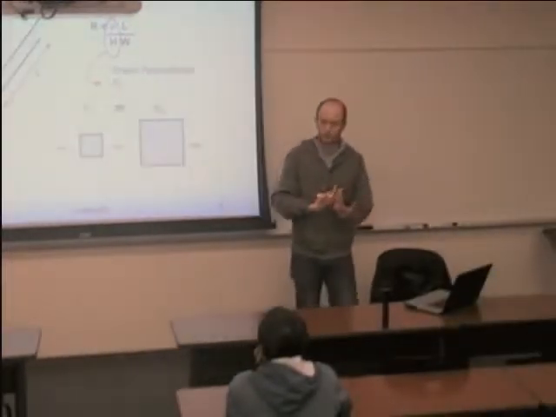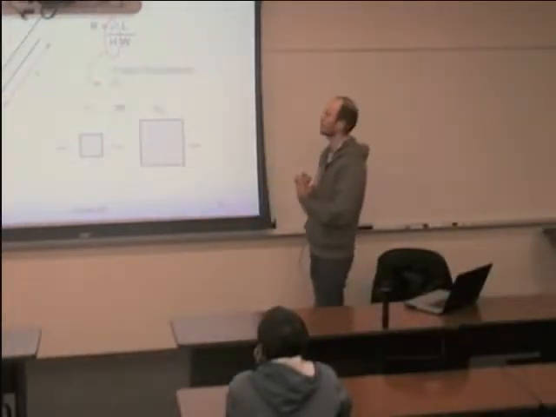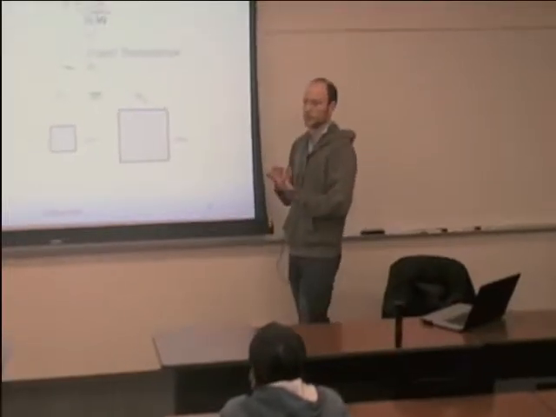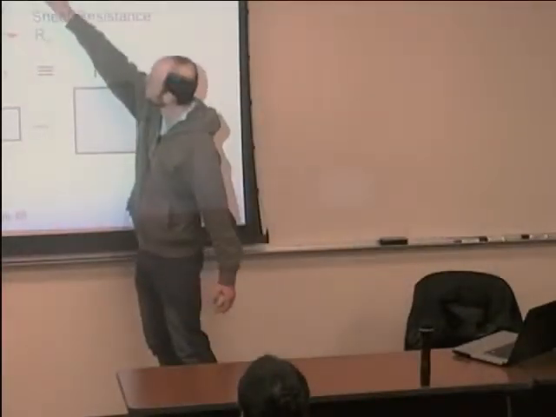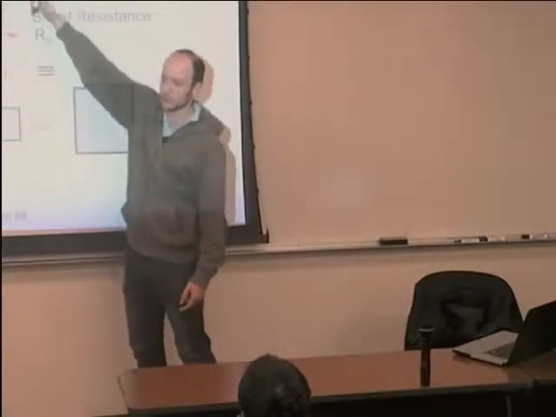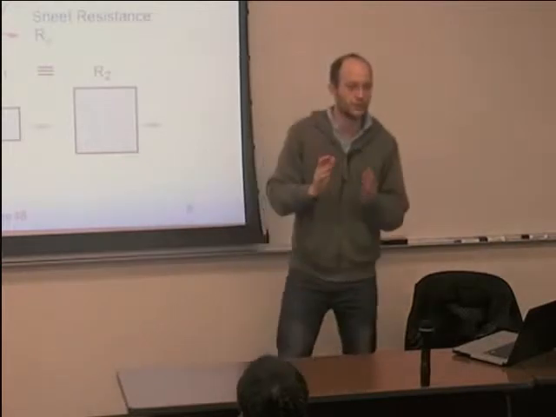Okay, this is always true, but this is not really how we refer to resistance in microelectronics, because typically the thickness we can't choose, and the resistivity also we can't choose, so we can only choose the length and the width, okay?